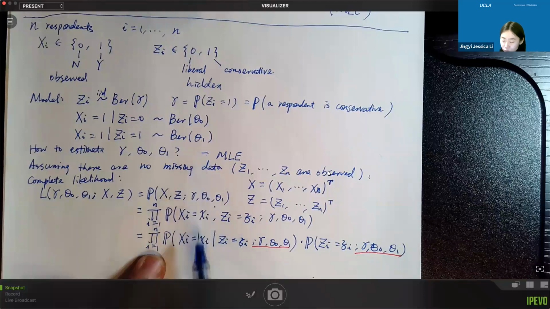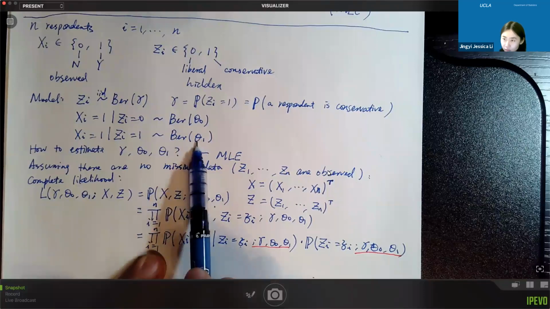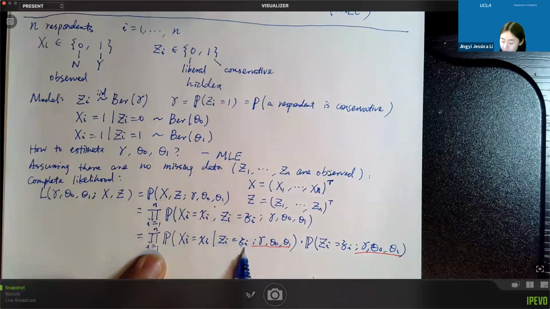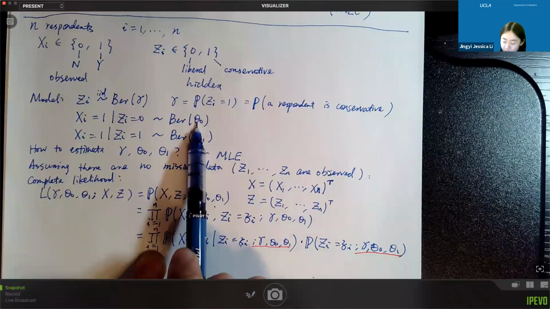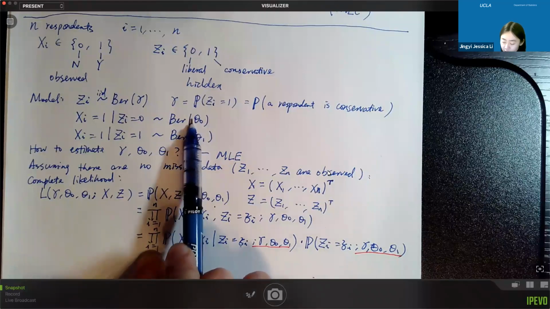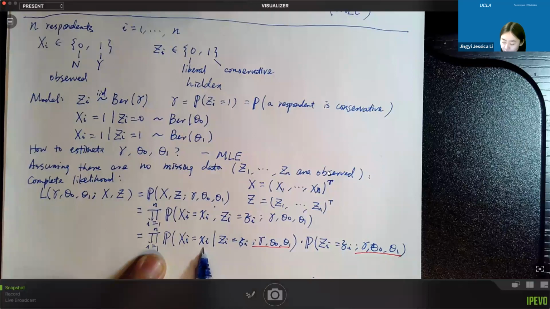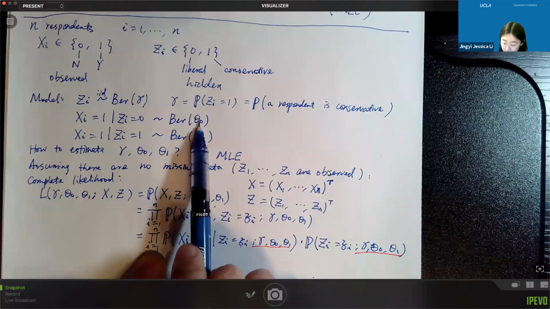If the small xi is 1, the probability will be theta 0. So that's one case, when zi equals 0. When zi equals 1, if xi equals 0, we will have the probability 1 minus theta 1. When xi equals 1, we'll have the probability theta 1.